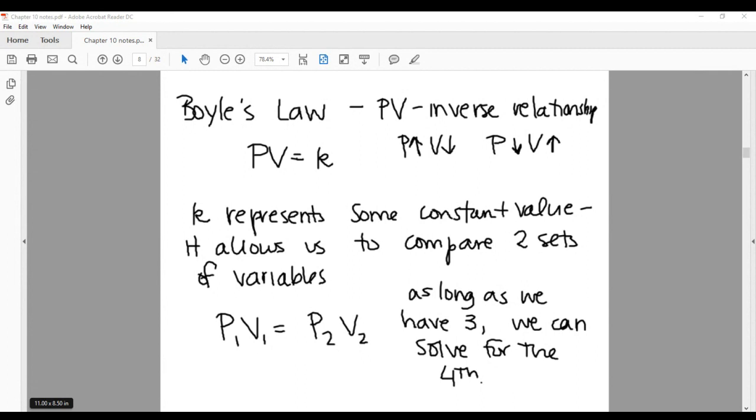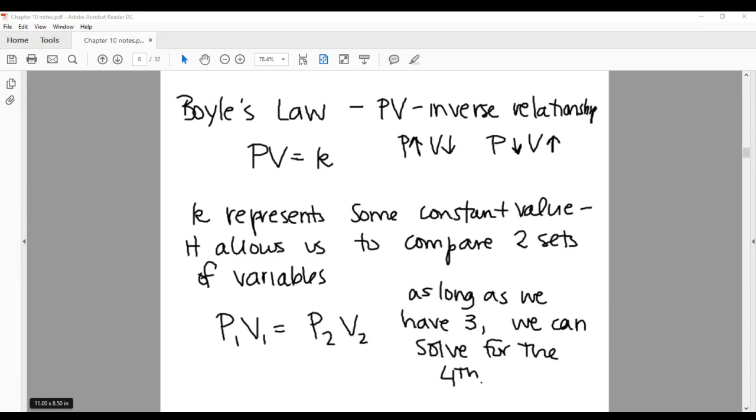It doesn't have a real value. It's an artificial value, but what it does is allow us to compare two sets of variables. It allows us to set up P1V1 equals P2V2. It just allows the comparison, because P1V1 is equal to some constant value, and P2V2 is also equal to some constant value.